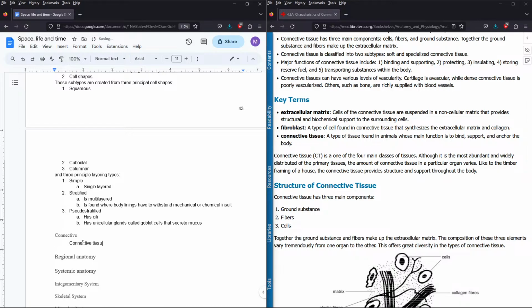Connective tissue is responsible for binding, supporting, and anchoring the body, or in other words, connecting.